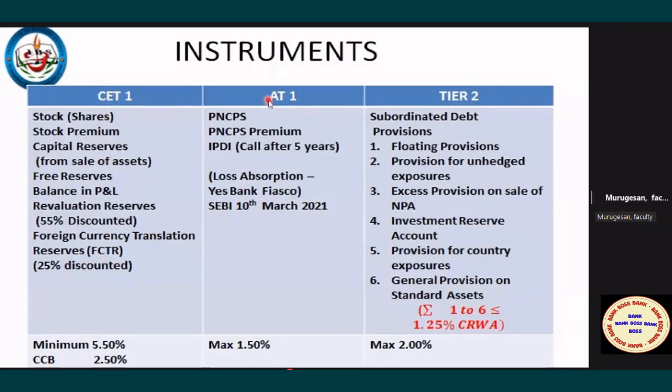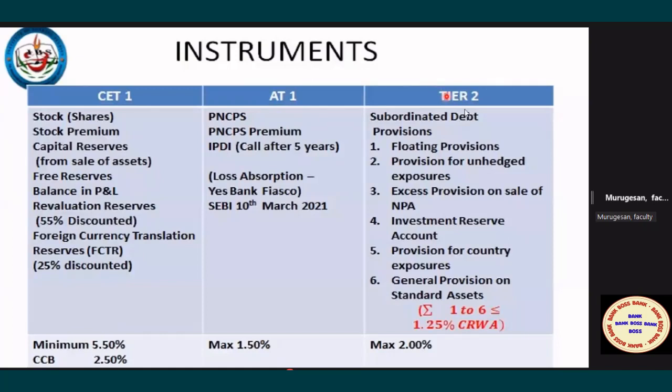Similarly AT1: PNCPS, and PNCPS issued at a premium, will also become AT1, and IPDI, innovative perpetual debt instruments, where the bank can exercise the call option only after 5 years. These will qualify as AT1.